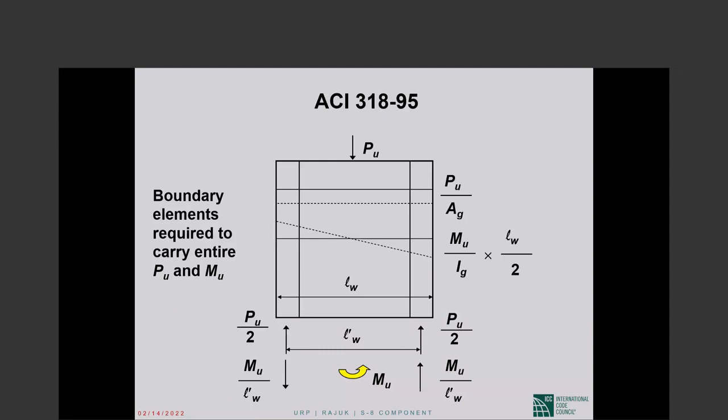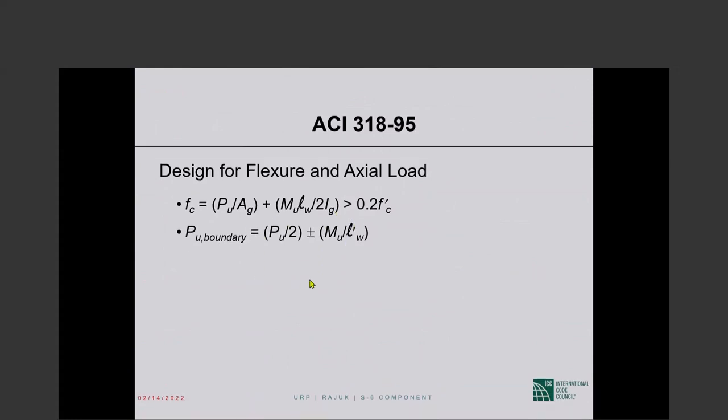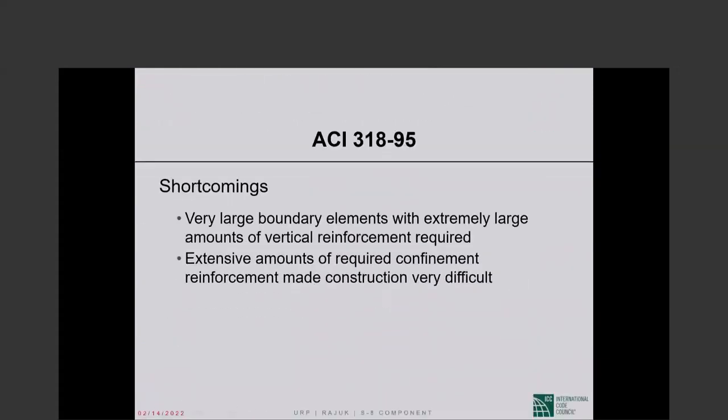Sometimes we would allow that, but most of the time, no. Anyway, the requirement that each boundary element be designed for that much compression gave us very large boundary elements containing a whole lot of reinforcement. Okay, I will show you an example and you will see large boundary elements crowded with a lot of reinforcement.